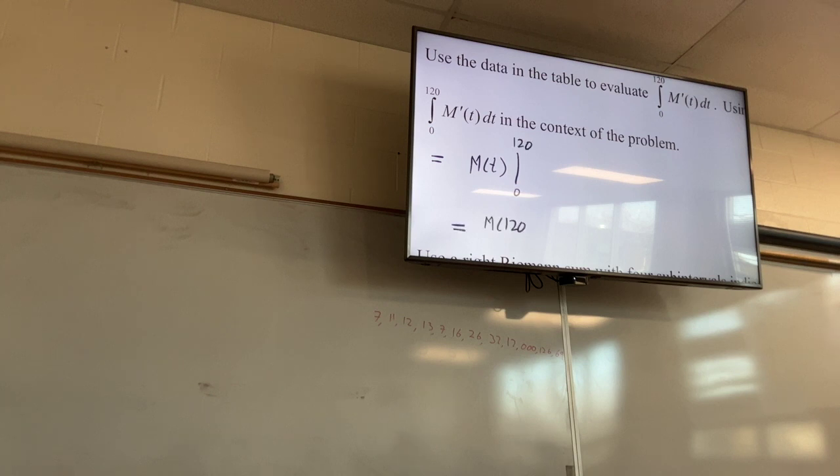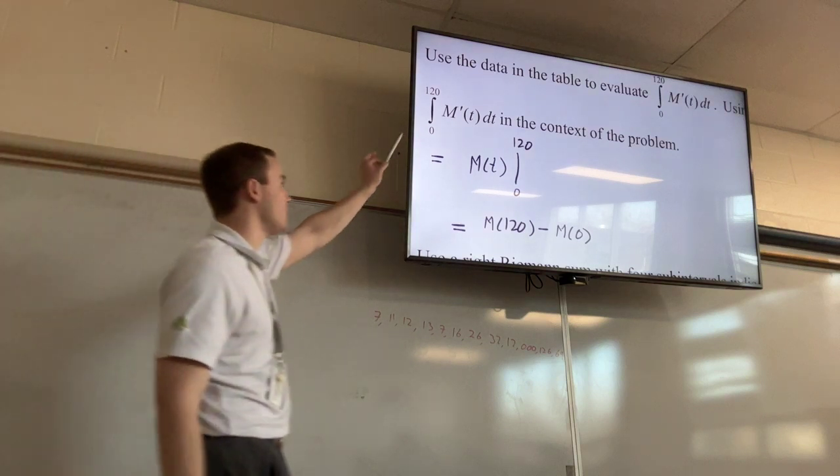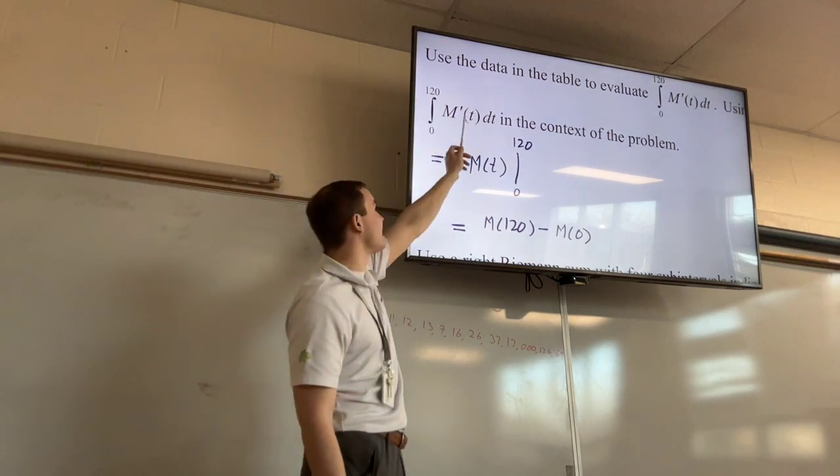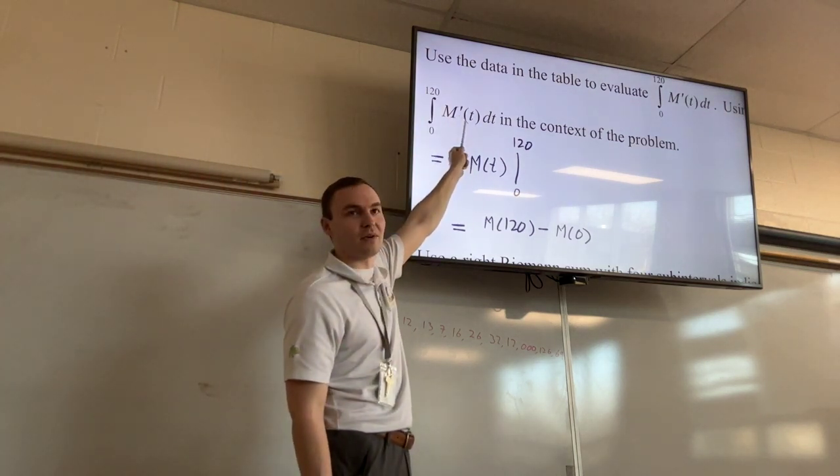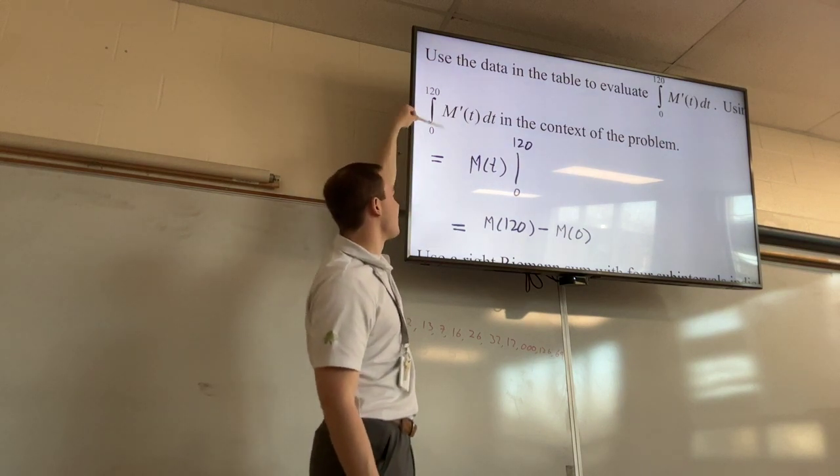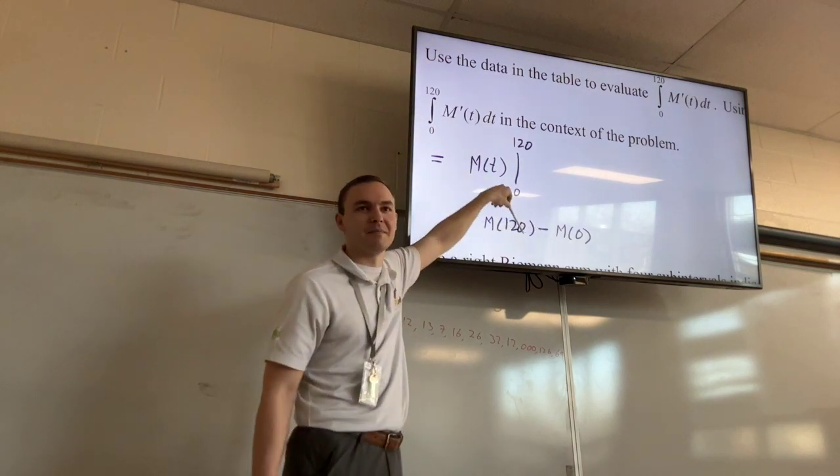Why are we using that? So the fundamental theorem of calculus tells us that we can do a definite integral by taking the antiderivative and then plugging in the top and bottom numbers and subtracting them.